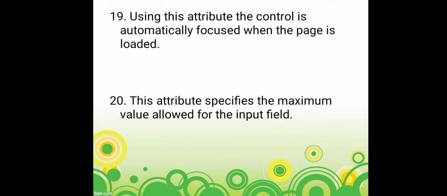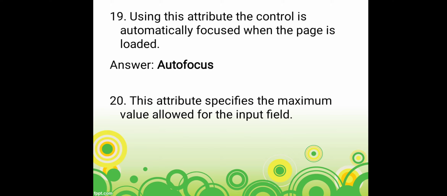Then next, using this attribute, the control is automatically focused when the page is loaded. This also we had seen. Whenever a web page is loaded, you will see a control which is highlighted or focused. So how can we get that control? Using the autofocus attribute. Many students have written autofocus correctly. Again a mistake: auto space focus is treated as a wrong answer.